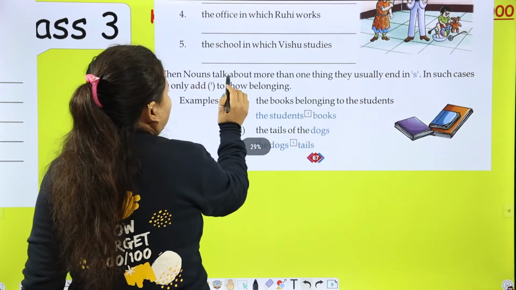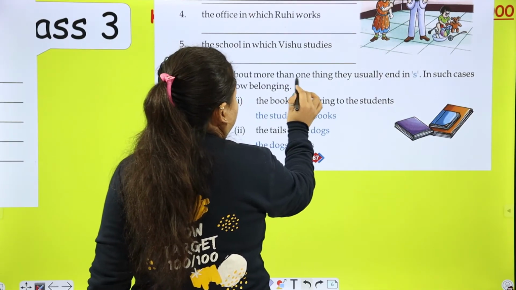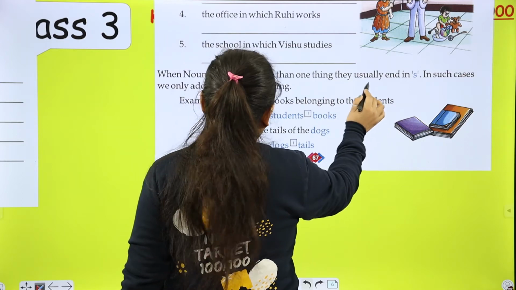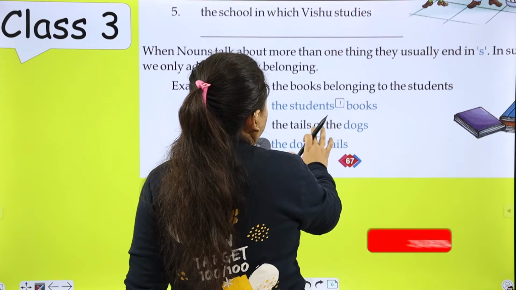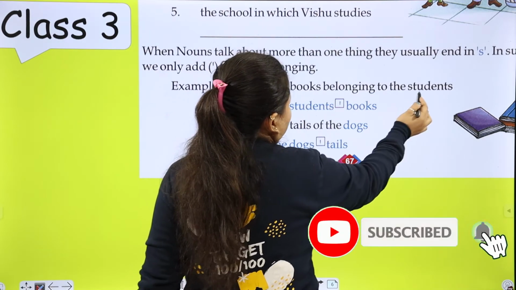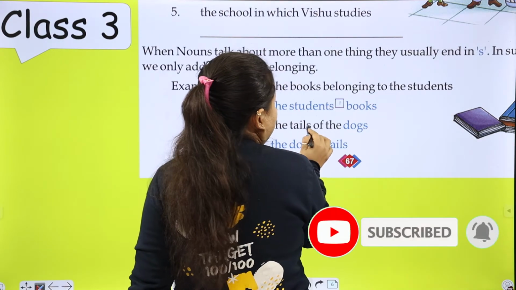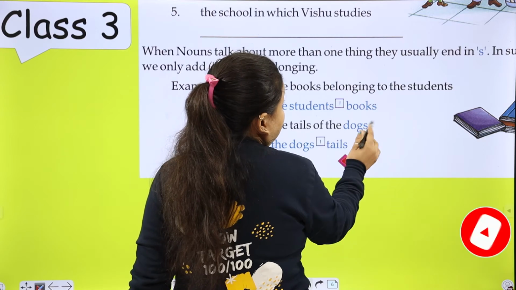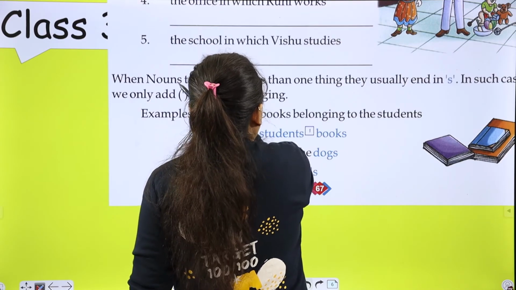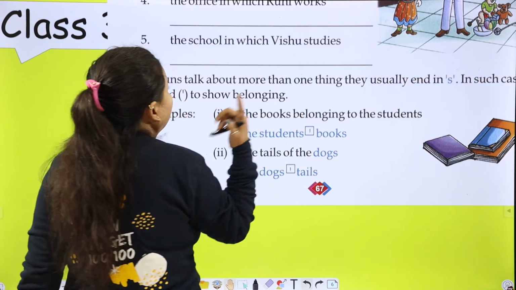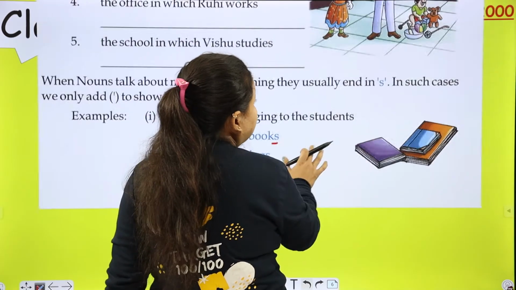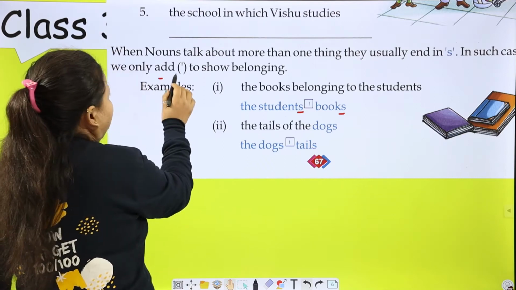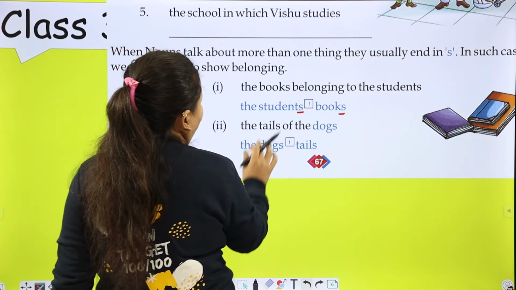When nouns talk about more than one thing, they usually end in S, like books, students, tails, dogs. In such cases, we only add an apostrophe to show belongings.